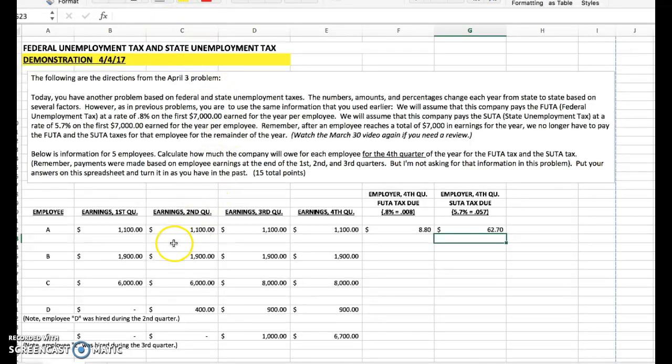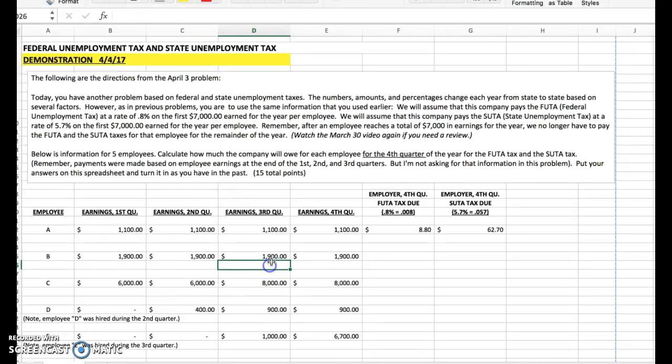Okay? Now, let's look at employee B. This is where it gets complicated. Employee B earned $1,900 first quarter, so we paid tax on that. He or she earned $1,900 in the second quarter, so we paid tax on that because the total 3,800 is under their 7,000 threshold. Employee B earned another 1,900 third quarter. If we add up the total earnings for that employee for 3 quarters it is 5,700.